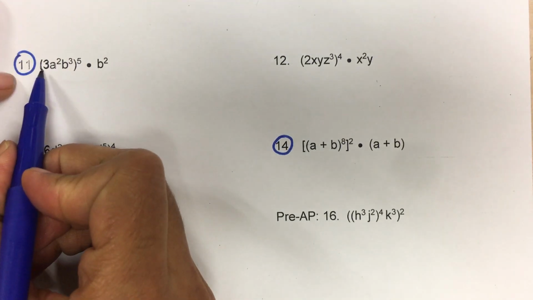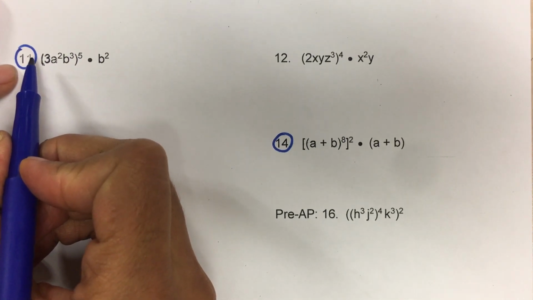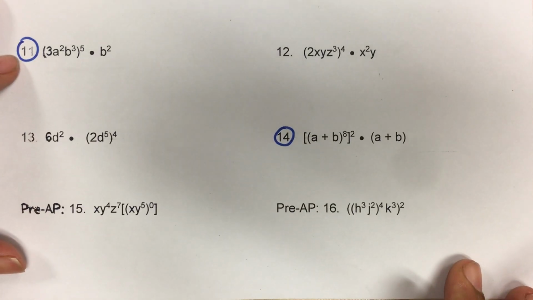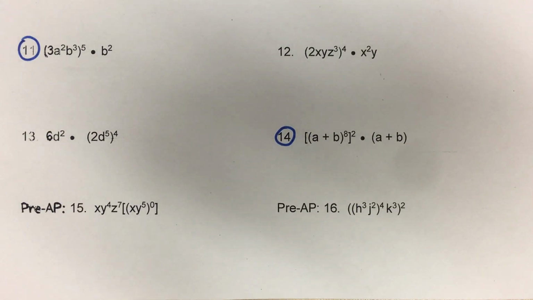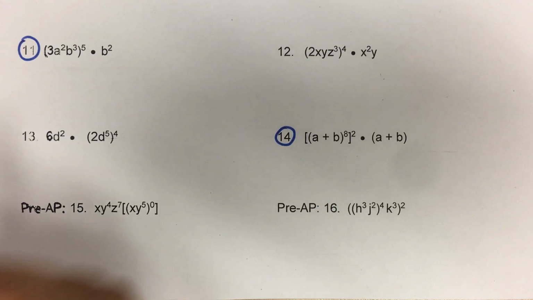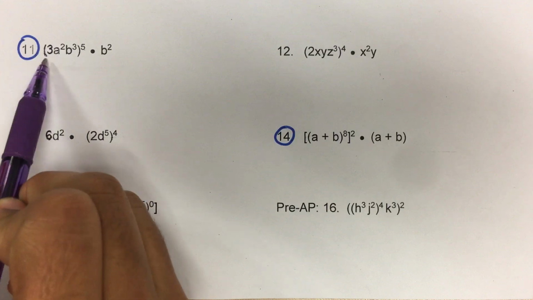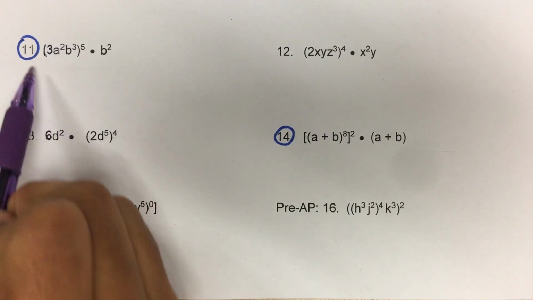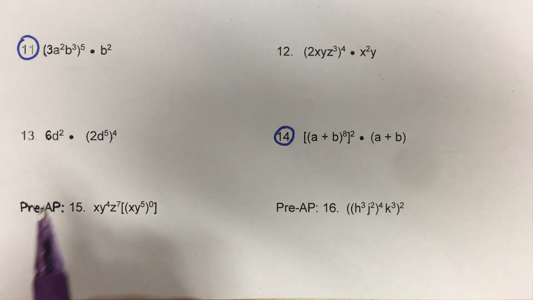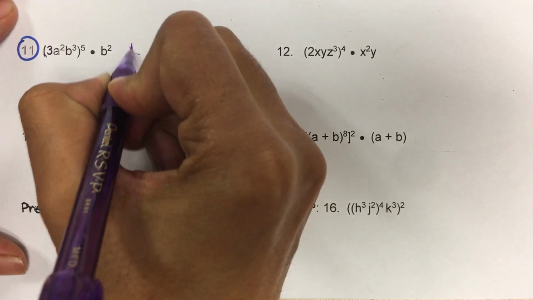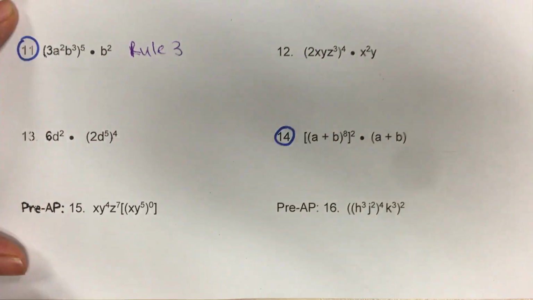Okay, so for number 11, step 1, we generally take care of parentheses first. So let's do that. What rule involves us taking care of this 5 outside of these parentheses, this 5th power outside of these parentheses? That is the sharing is caring rule. That is, once again, rule 3.